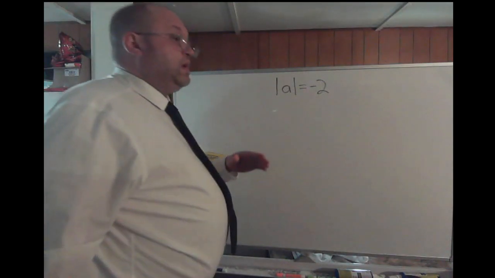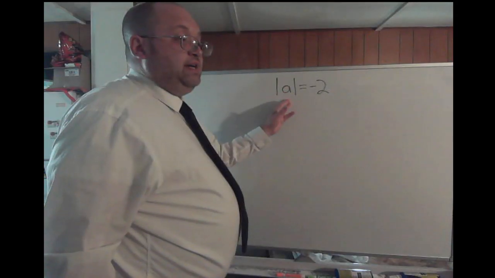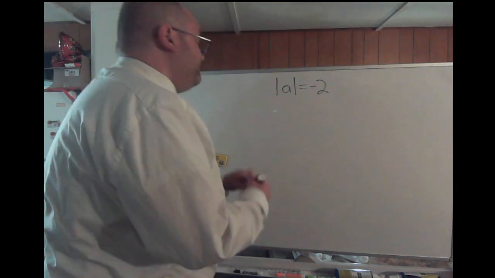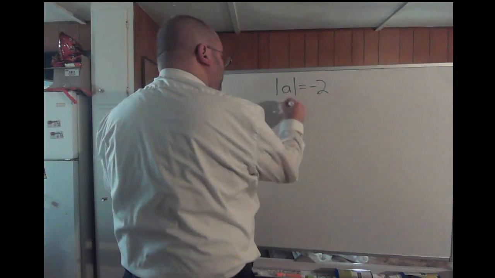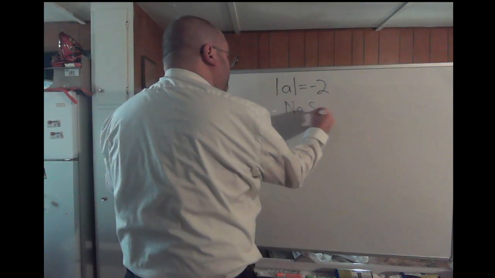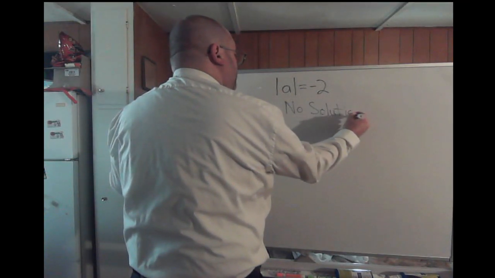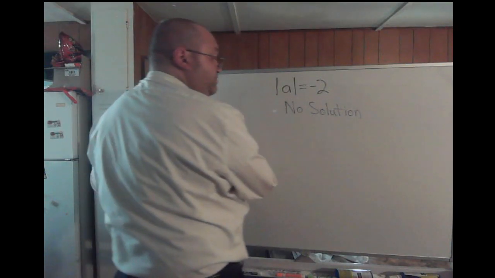Well, when you take the absolute value of a number, it's always positive. It can never be negative. Therefore, if the right-hand side is negative in an absolute value problem, it has no solution. There is no solution to it, because the absolute value of a number is always positive. So there's no solution to this one.